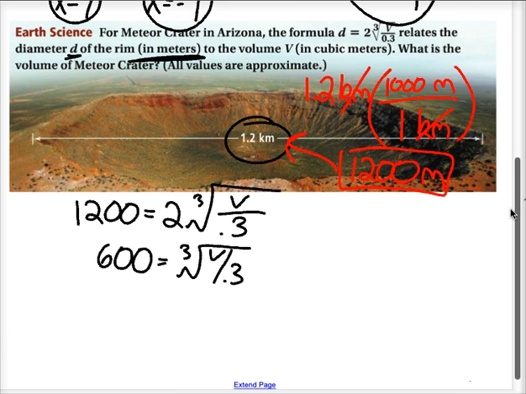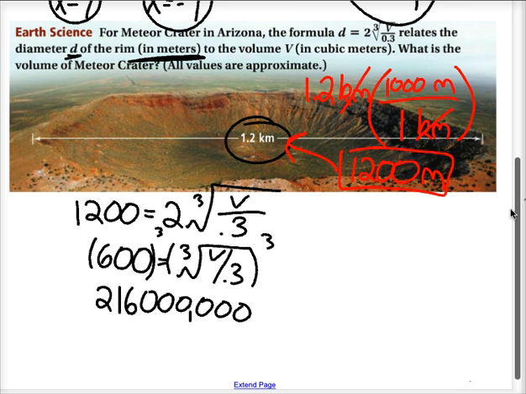Now that I have the radical term by itself, I'm going to raise both sides of this to the 3rd power, because that's how you cancel a cubed root. So 600 to the 3rd power is, let's see how many zeros that is. 1, 2, 3, 4, 5, 6 zeros. And remember that erases your cubed root.